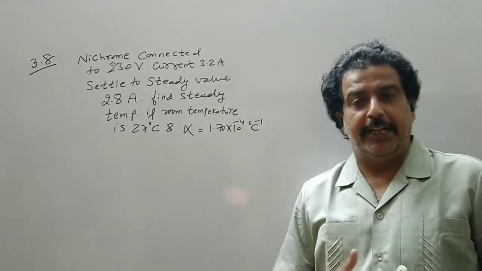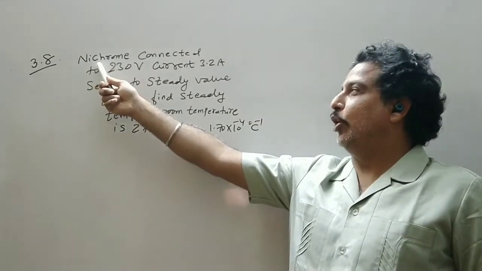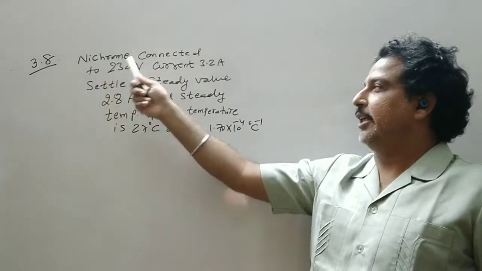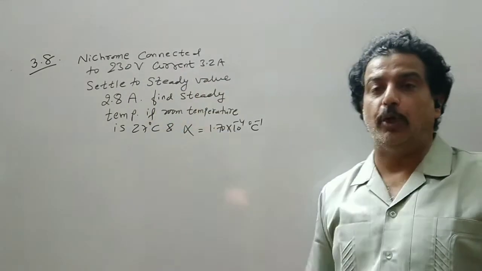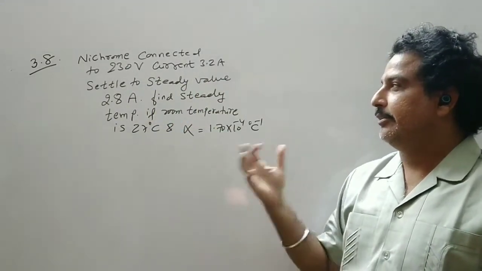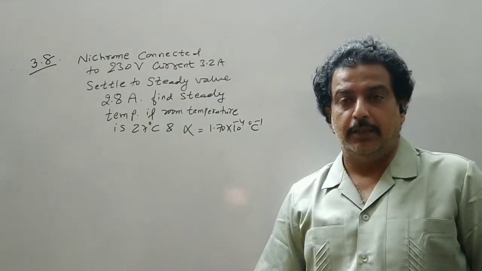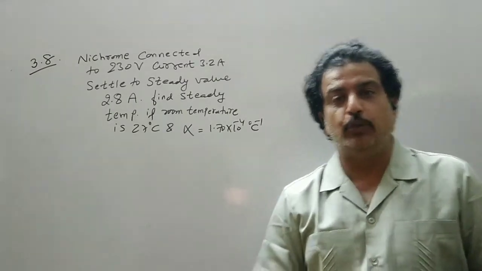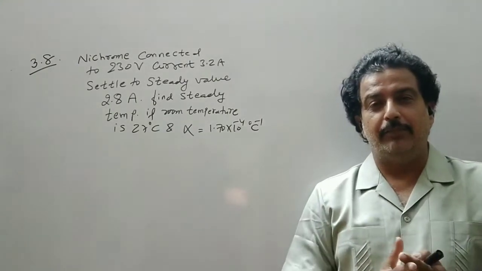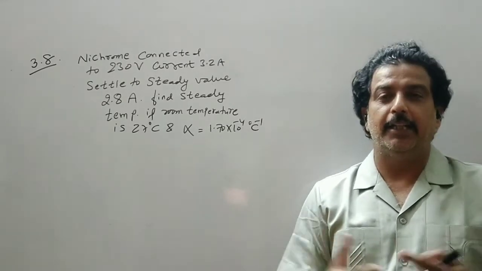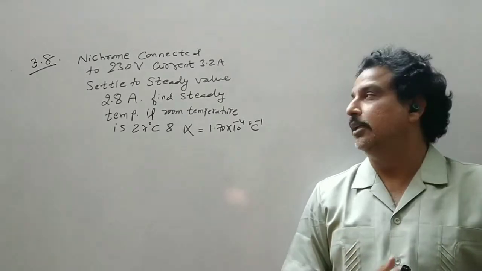There we have an electric toaster. Here we have again an alloy nichrome which is connected to 230 volt and the current flowing is 3.2 ampere. This current settled to a steady value of 2.8 ampere. So as we know, when we switch on any device, it takes time for heating up, like an iron or electric toaster or a water heating coil.